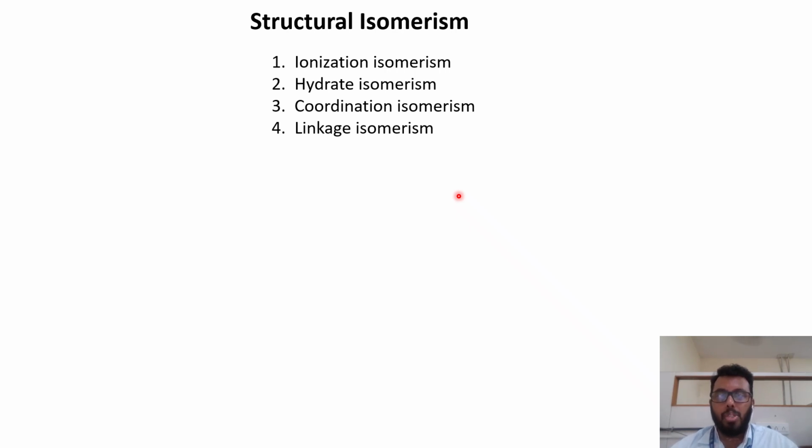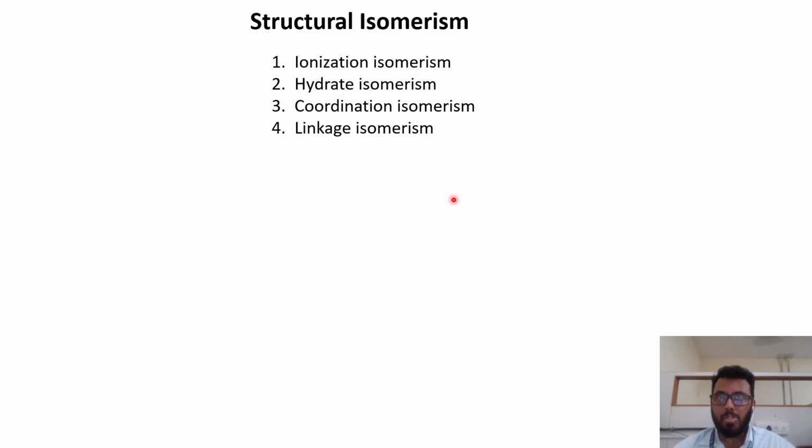Let's discuss structural isomerism. As we saw in the flow chart in the previous slide, structural isomerism is of four types: ionization isomerism, hydrate isomerism, coordination isomerism, and linkage isomerism. This is one of the important essay type questions which they will ask in the CT1 and also in the main exam.